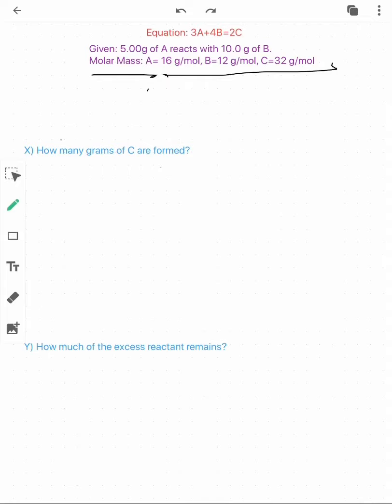To find how many grams of C are formed, we follow the roadmap. If 5 grams of A initially reacts, we go from grams of A to moles of A using the molar mass given here. It's roughly 16 grams per 1 mole of A, so grams of A cancels out.